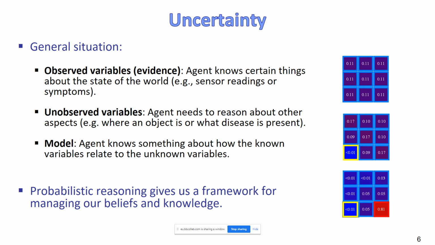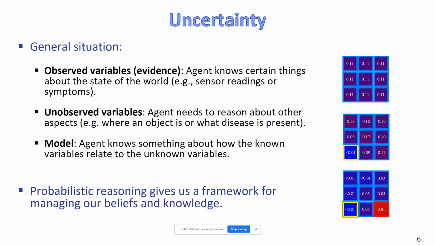When we know the observed values, we can infer something about the unobserved variables. That's what we mean by a model. So the model knows something about how the variables relate to each other. When we say we are building a model, we are actually building these relationships. These relationships will help us do the reasoning or the inference later.